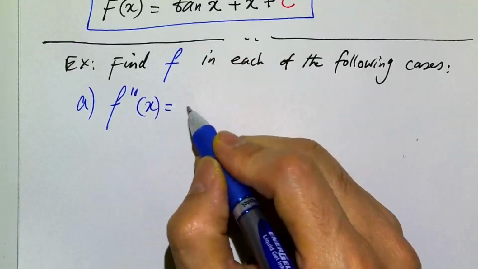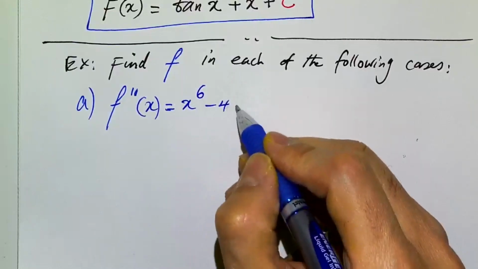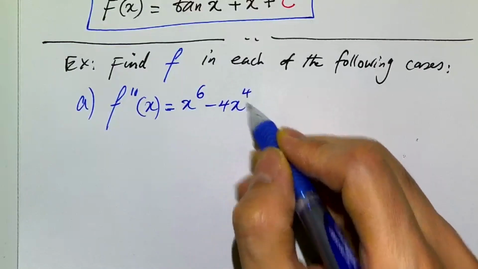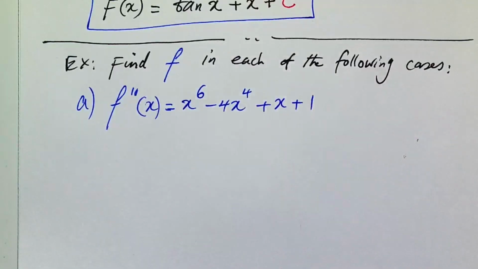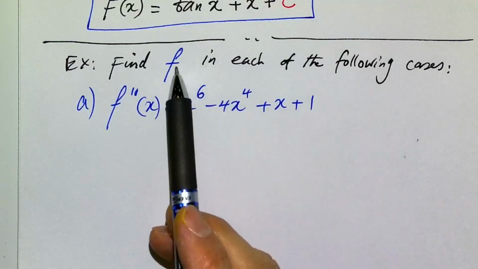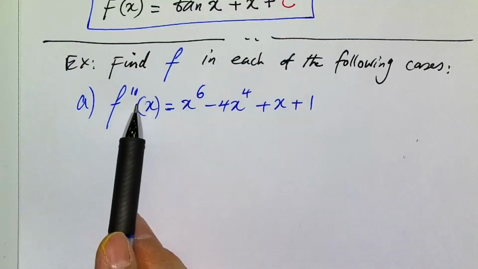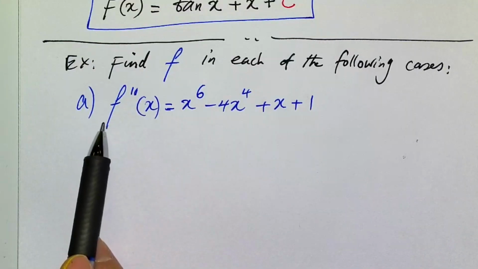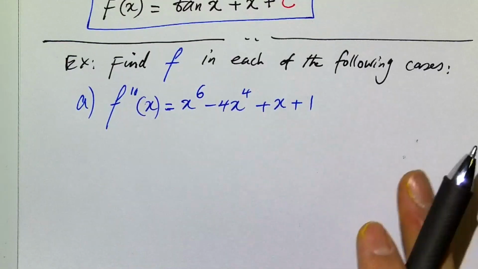f double prime of x equals x to the 6th minus 4 x to the 4th plus x plus 1. That's an easy function to find the antiderivative for, but we have to do it twice, right? First, we have to find the first derivative, and then from the first derivative, we have to find the antiderivative.